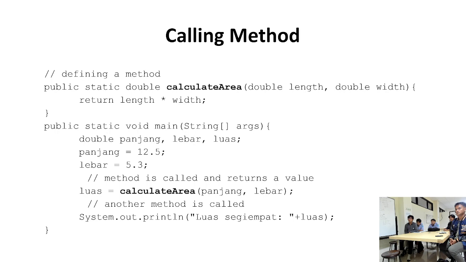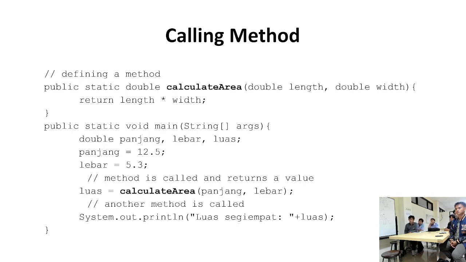Then calling a method. How to call a method? If you create a method, then you should call it. We can call it using the main method. Only one main method for each class.